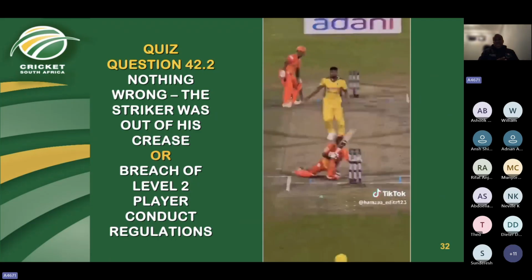But for me, throwing the ball so badly away from the stumps and directly at the striker, we cannot let this go by. What does the game expect of us? The game expects us to report this bowler, I believe. We might have differing opinions. Abdullah maybe can share his later, but for me, I would definitely be reporting this bowler.